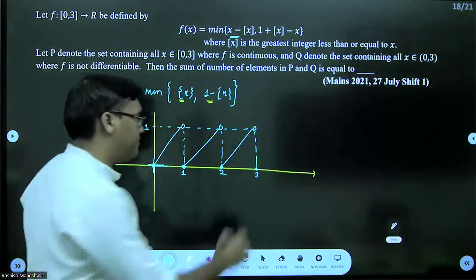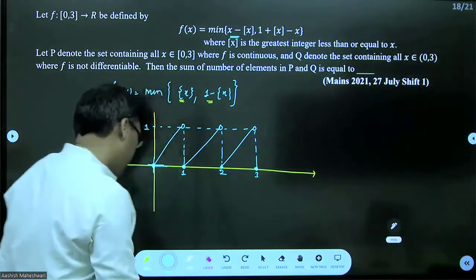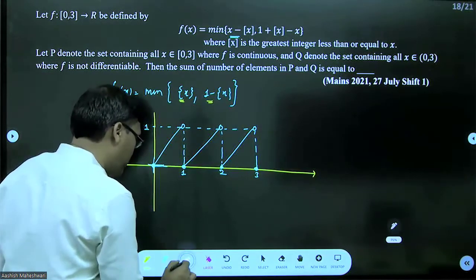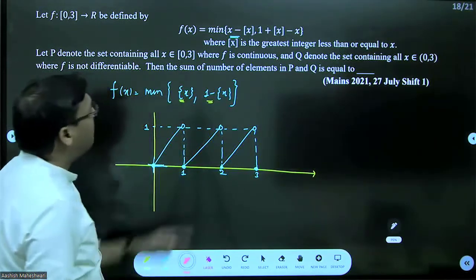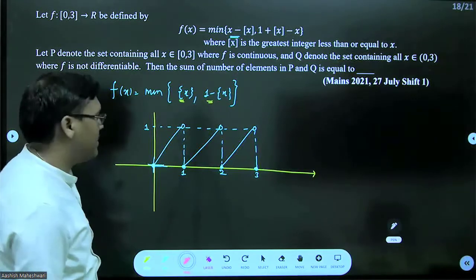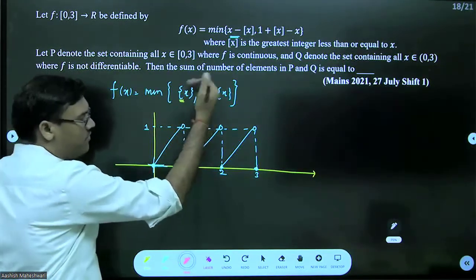Okay, now we have to draw the graph of 1 minus fractional x. So see how to draw it.